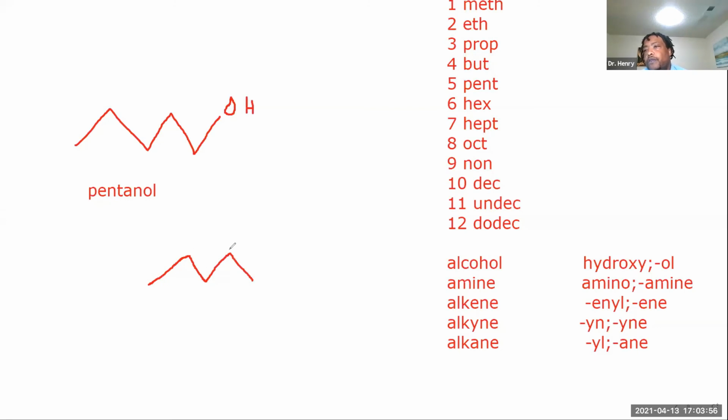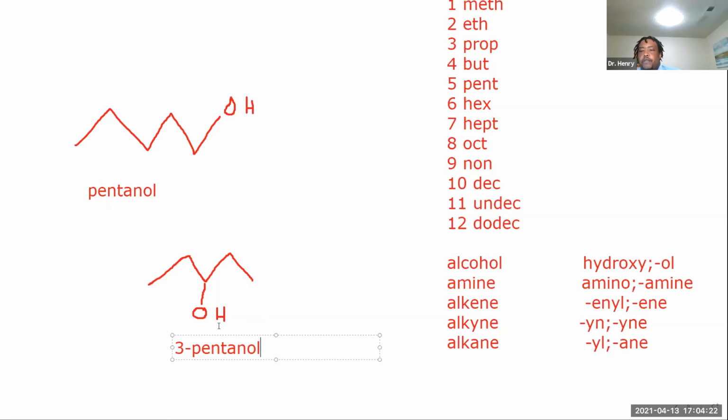Now, sometimes that OH group is not always on the first carbon. 1, 2, 3, 4, 5. And this guy here would be called 3-pentanol.